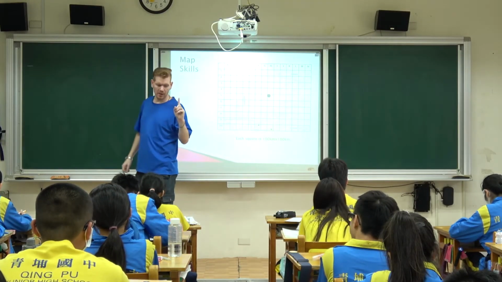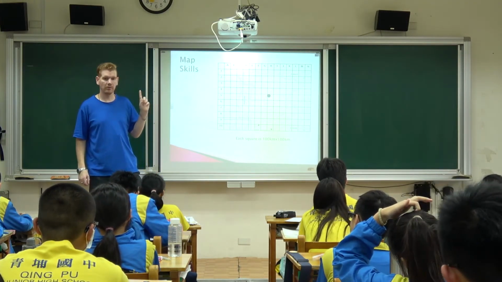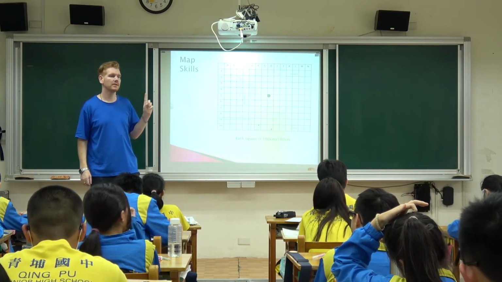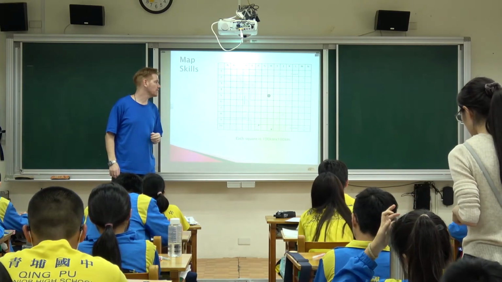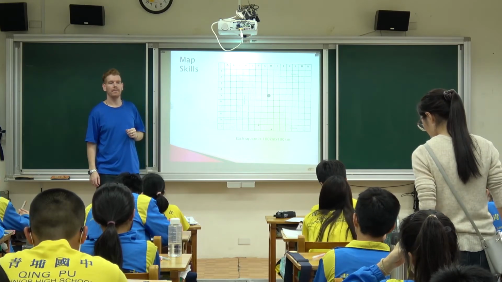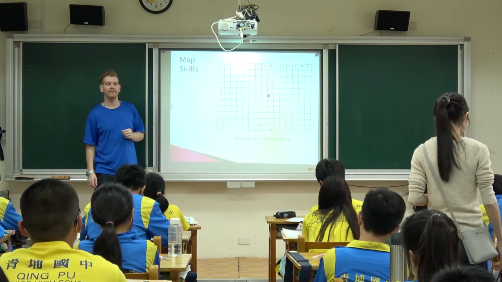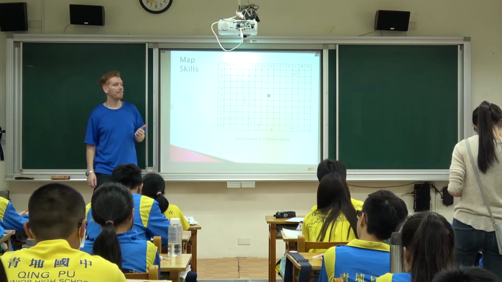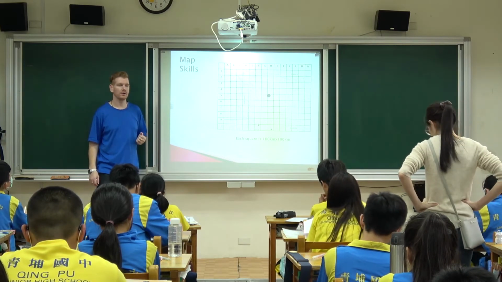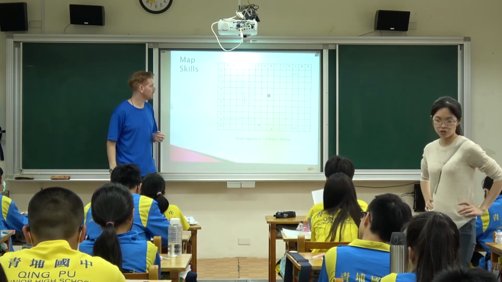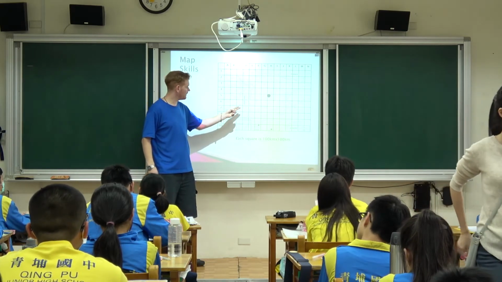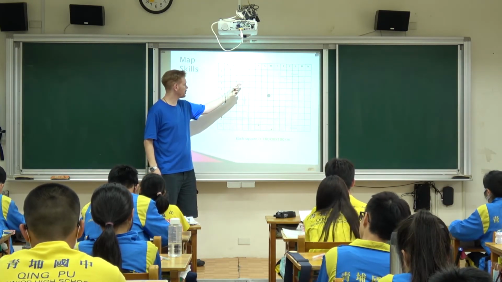So number 1, the Royal Palace is in the middle of Spain, about 450 km from the coast of Portugal. So here is the coast of Portugal.